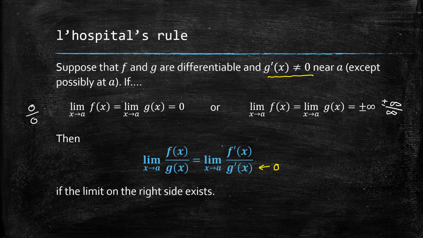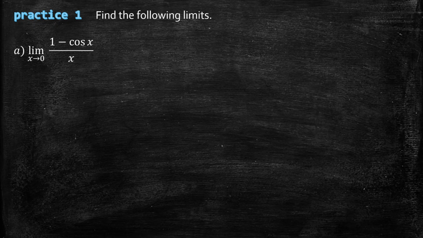We are not going to derive L'Hopital's rule because it would make this video interminably long. Instead, we're going to get straight into some practice. For our first practice problem, we actually proved this result using the squeeze theorem in Unit 1. But because we use it so rarely, you probably can't even remember the answer to this limit.